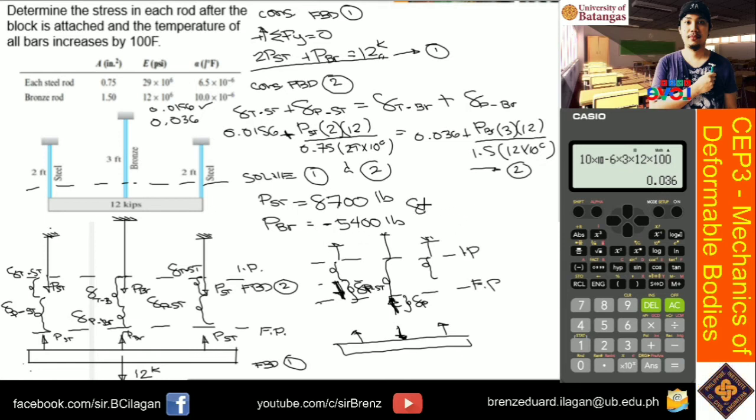Deformation due to the temperature of the steel plus deformation due to the load P of the steel equals deformation of the temperature of the bronze. So since ito nga yung temperature, ang nangyari, binalik niya doon. So minus the deformation due to the load P of the bronze.